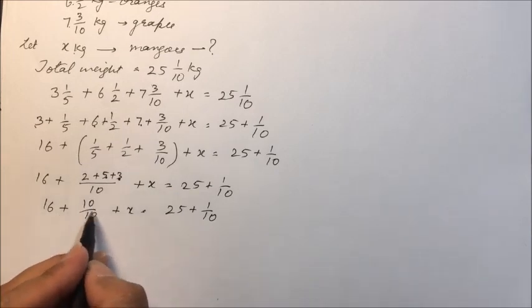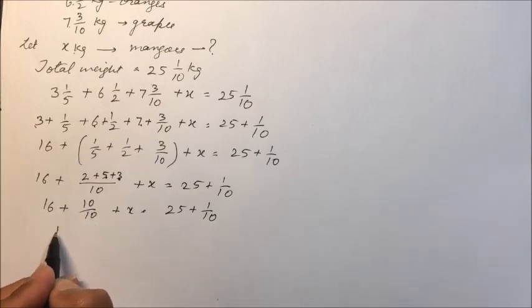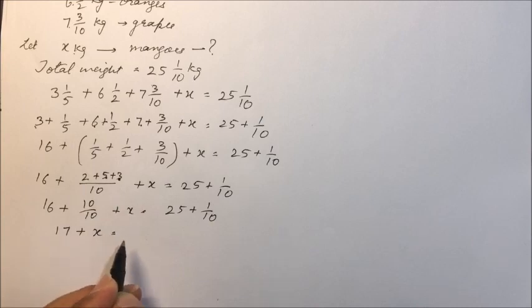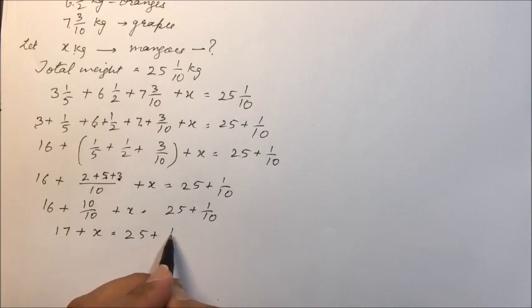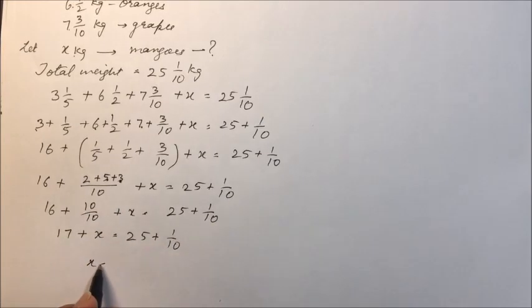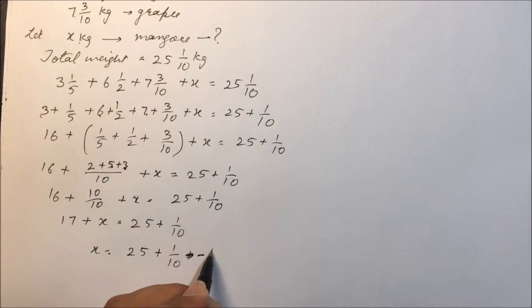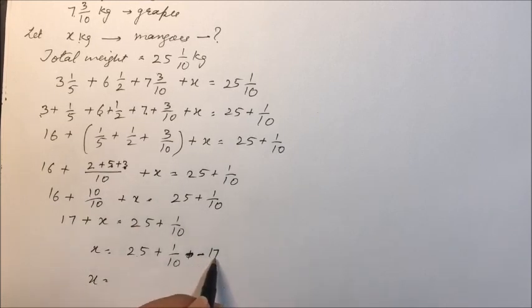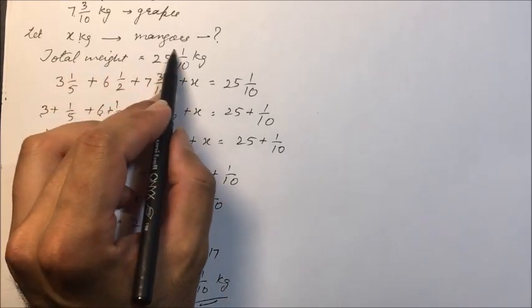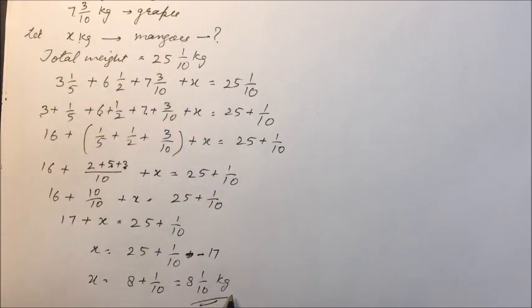Now it will be 1, 16 plus 1, 17. 17 plus x equal to 25 plus 1 upon 10. X equal to 25 plus 1 upon 10 minus 17. Now x will be 25 minus 17, 8. 8 plus 1 upon 10, or we can write it as 8 1 by 10 kg. So weight of mangoes equal to 8 1 by 10 kgs.